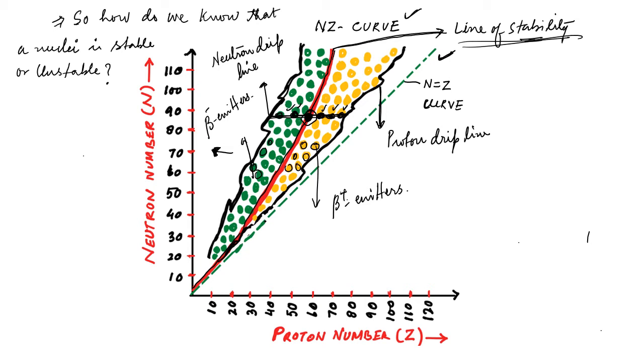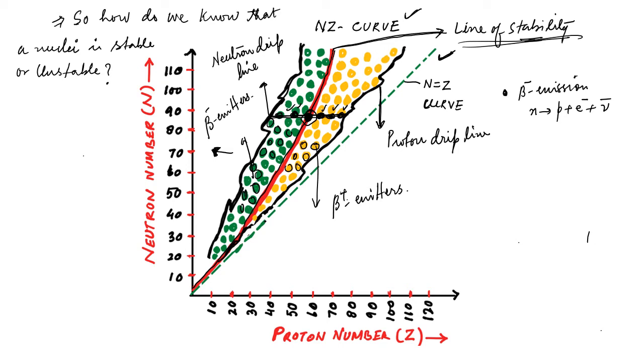So the nuclei on the left side have more neutrons, and therefore they are likely to decay through beta minus emission. And you know that beta minus emission is nothing but a neutron going to a proton plus an electron plus an antineutrino.